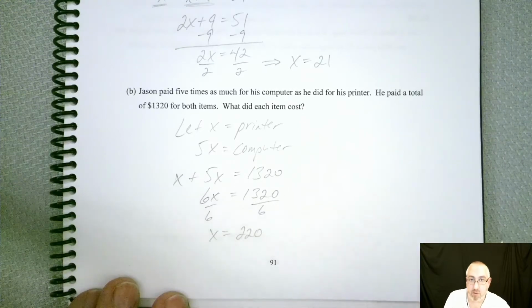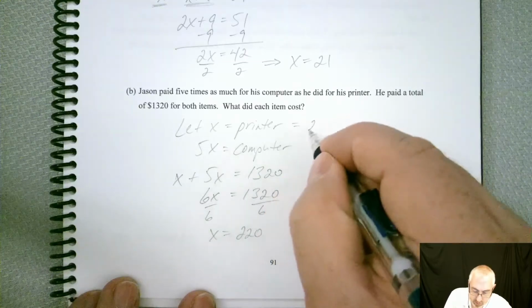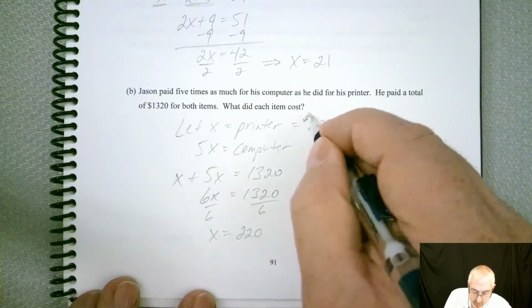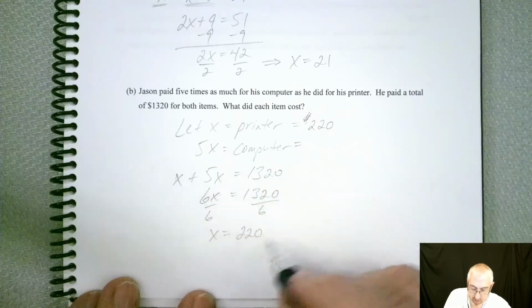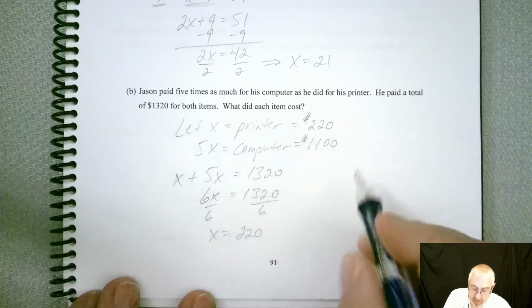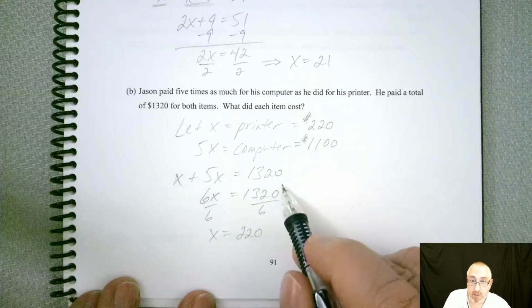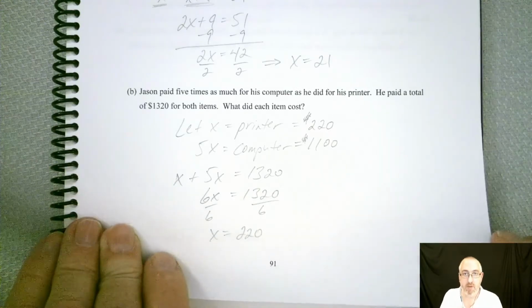So x equals 220. So the printer would cost $220, and the computer would be 5 times that, so that's going to be $1,100. And again, if we add those up, we get our 1320. All right. So far, so good, hopefully.